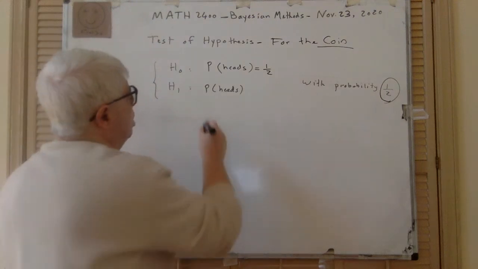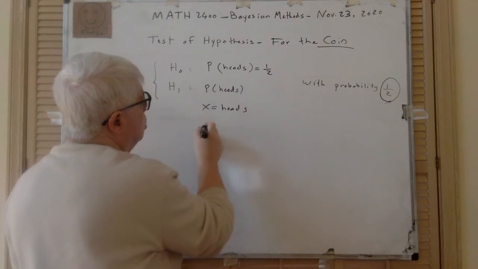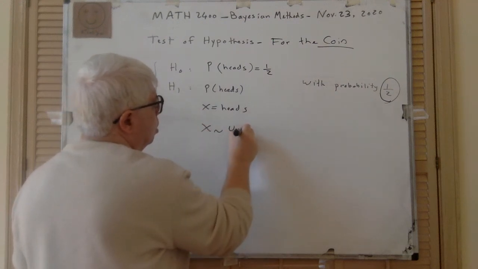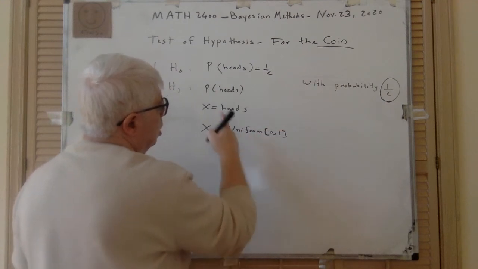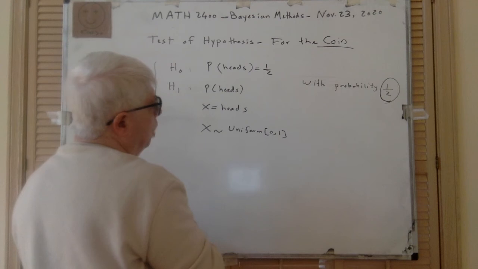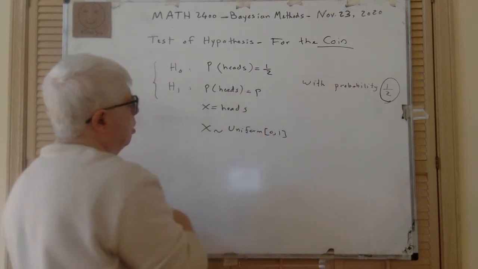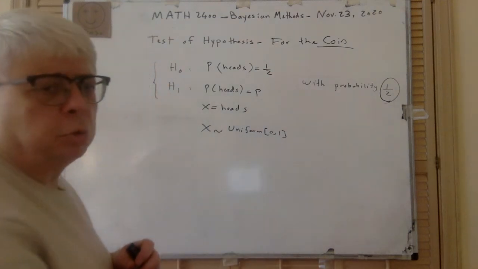So if X is heads, then you might assume that the probability of heads, that's small p, has uniform distribution on 0, 1, which means it can be any number between 0 and 1.